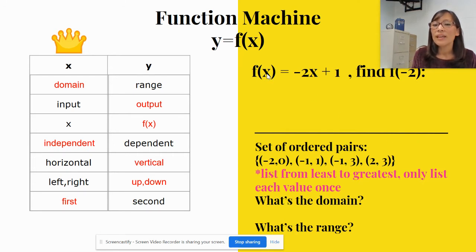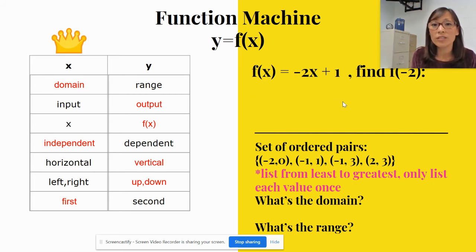And when you get into higher math, you're going to see why we would prefer to use f of x as our notation instead of just using the variable y. But right now, just remember that f of x is another way of saying y. And then, of course, x is just representing itself.